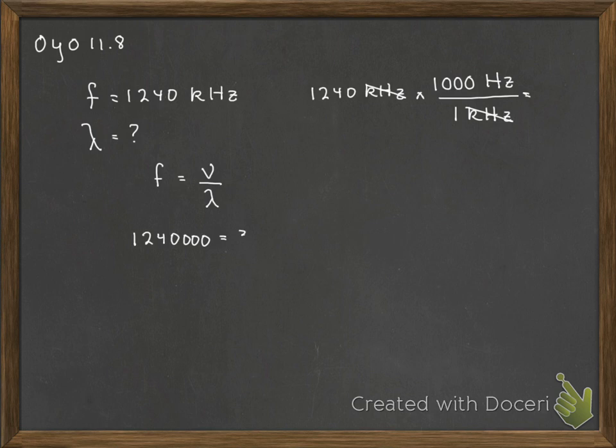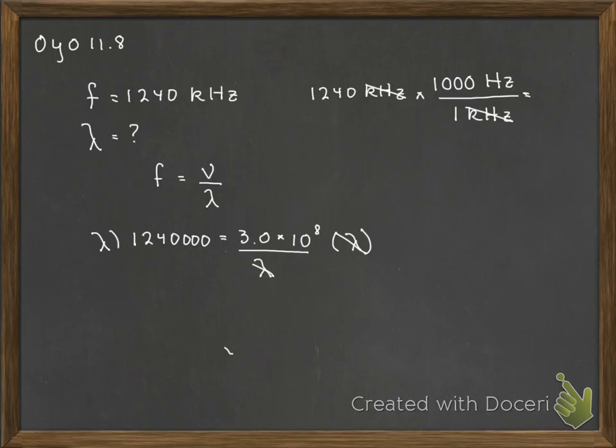Okay, and the velocity of light never changes. And we're looking for the wavelength, and that wavelength now will naturally be in meters. So mathematically, the wavelength multiplied over on the right cancels out.